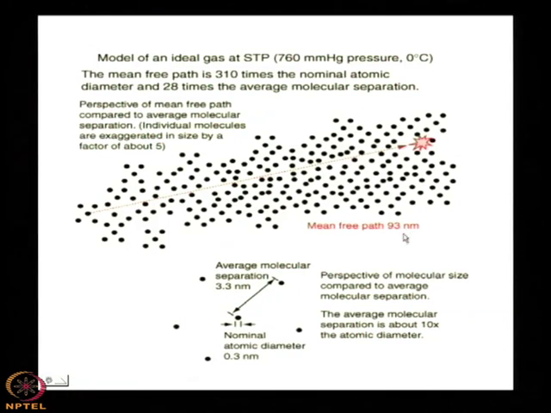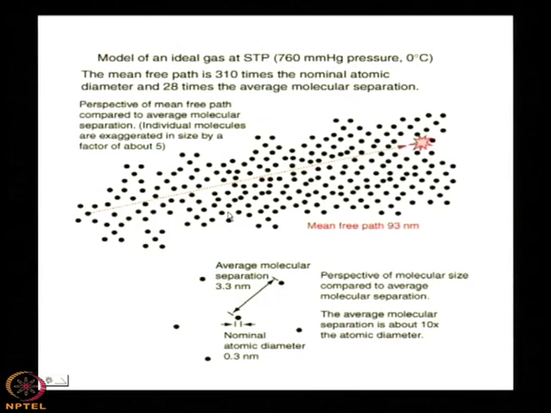Its mean free path is 93 nanometer, which is 28 times the average molecular separation and 310 times the nominal atomic diameter. It is very, very high basically.